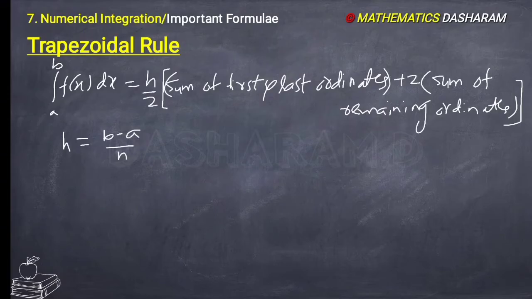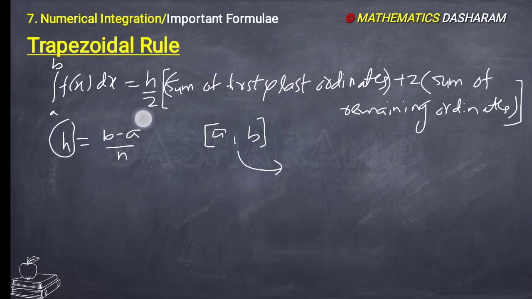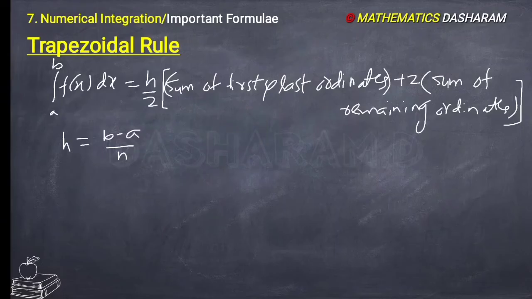That means the interval a to b is divided into n equal subintervals, and the length of each subinterval is denoted by h. So the formula is b minus a divided by n. This is the trapezoidal rule to find the integration of f of x from a to b.